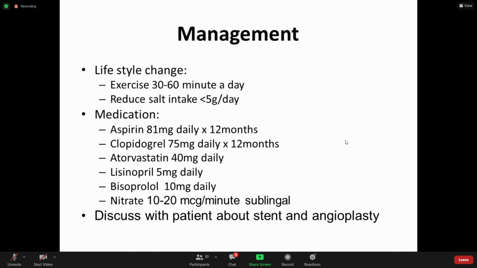In this patient, they use atorvastatin, and I think it's good. The patient has high blood pressure, and the patient uses an ACE inhibitor and beta blocker. I think that's good too.